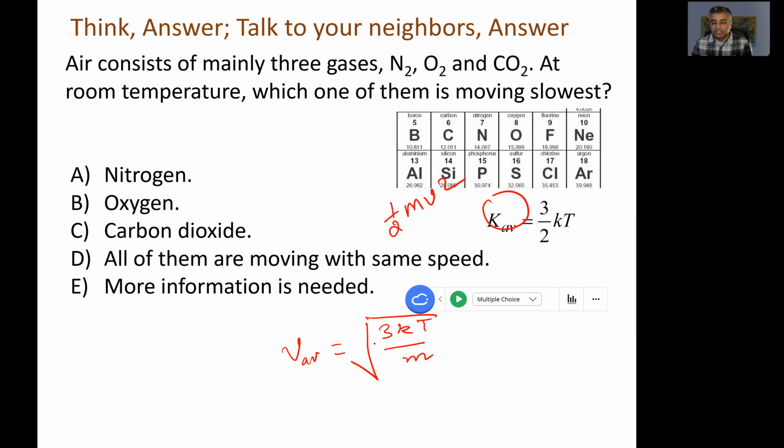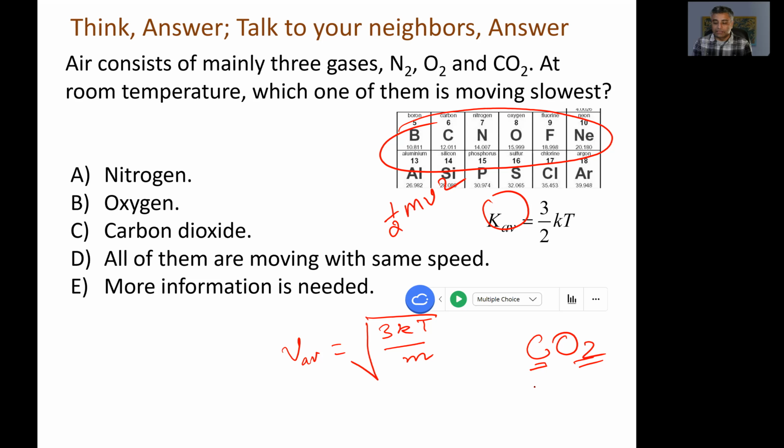Mass and speed are inversely related. That means the heaviest one is moving slowest. Now here we don't have carbon dioxide. So for that we need to remember carbon dioxide is CO2, right? So now its mass is going to be a combination of all three.